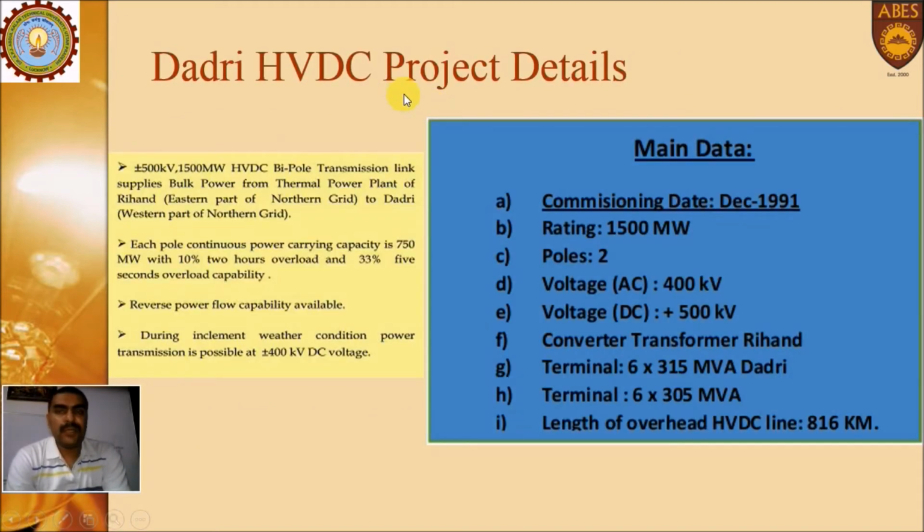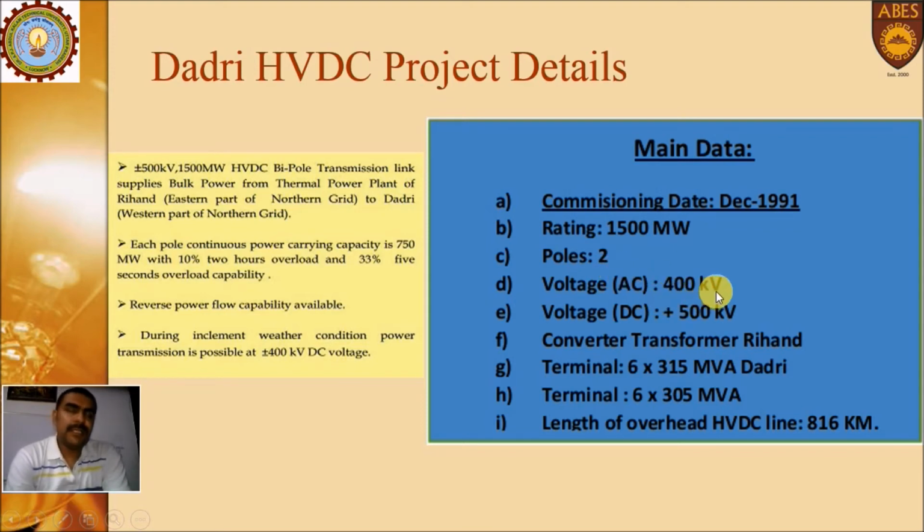Now some project details of each individual project. The Dadari HVDC project: its commissioning date was 1991. Its rating is 1500 megawatt. It is a two pole project.